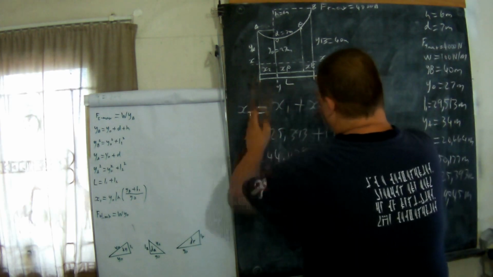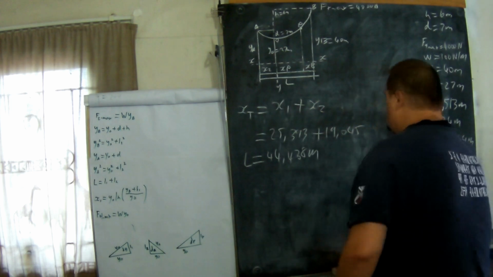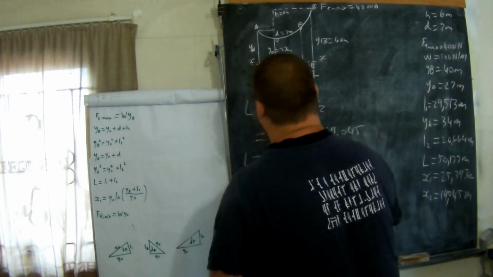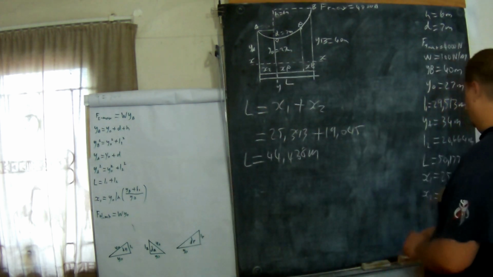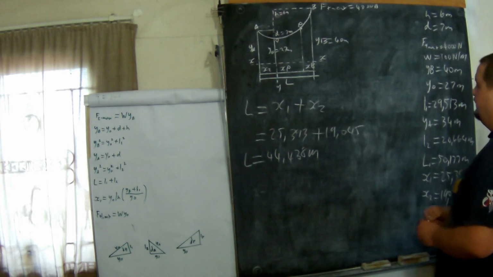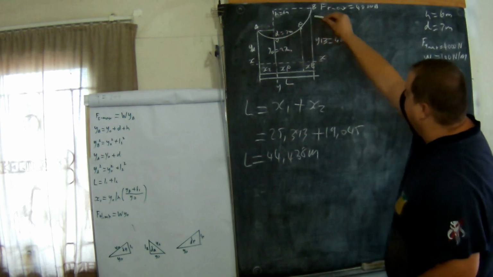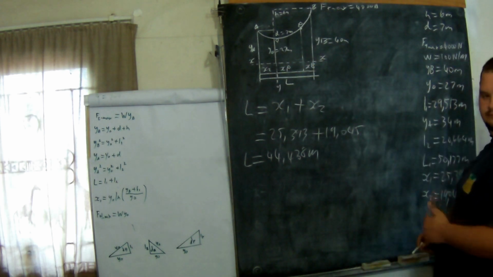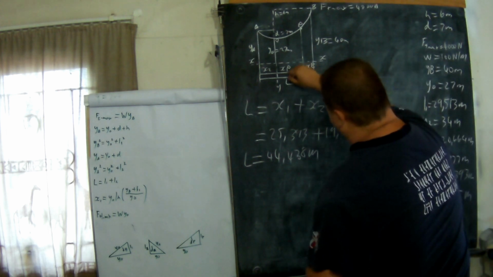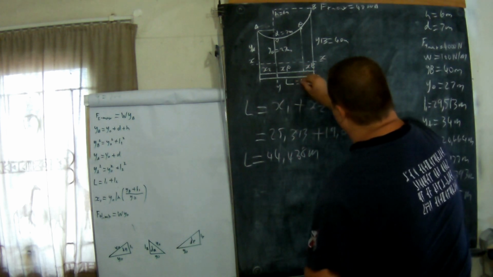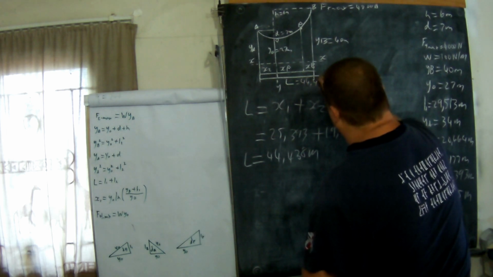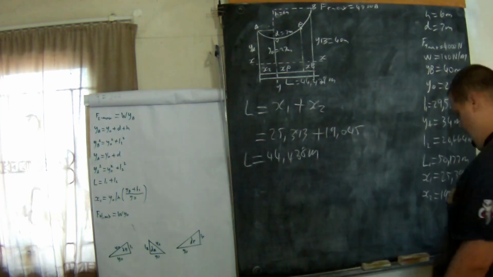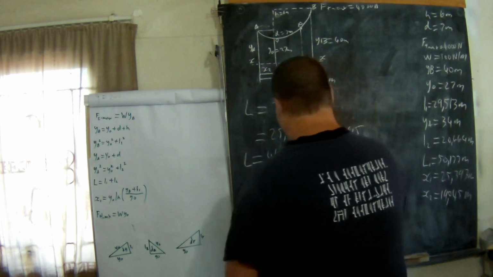That is the distance between our supports. There's big L. That's big L1, the curvature of the entire cable. Now big L over here is 44,438 meters long.